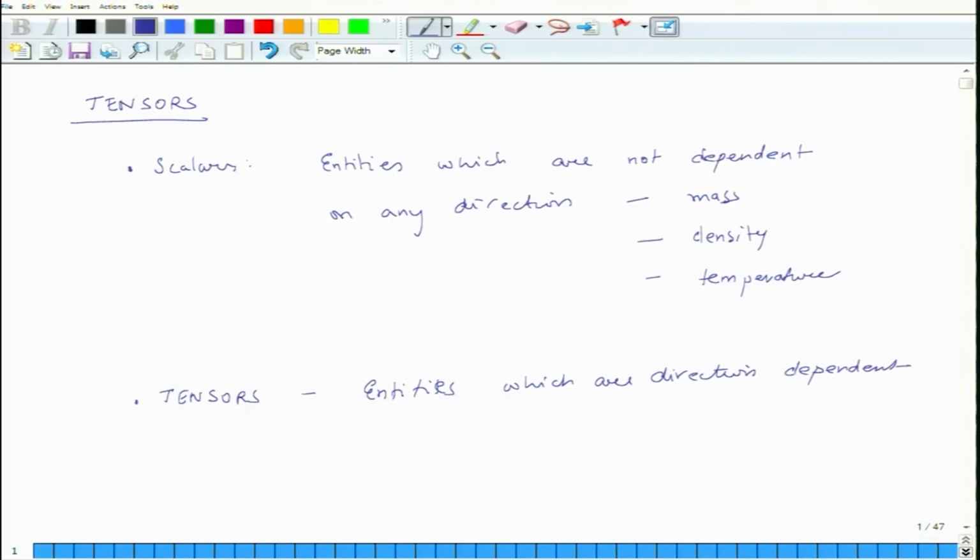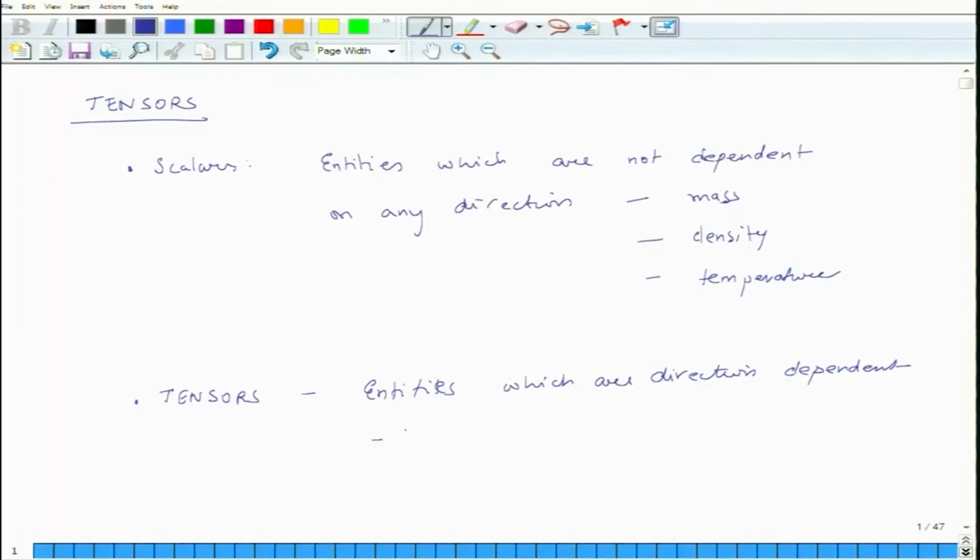You may have already heard of vectors, which are associated with directions, but in general vectors are a subset of the larger set known as tensors. Examples of this would be velocity of an object, or acceleration, or force.